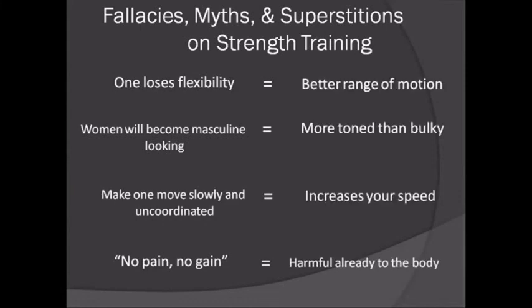This way, you gain better range of motion for your joints, preventing you from injuries. Next, we have women tend to become masculine looking. So again, this is not true. The body becomes more toned than bulky.